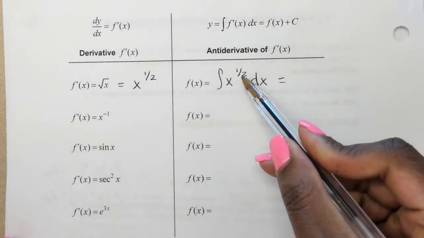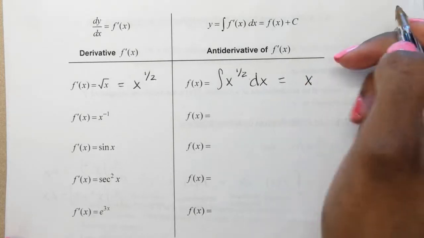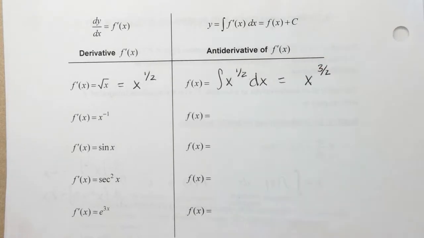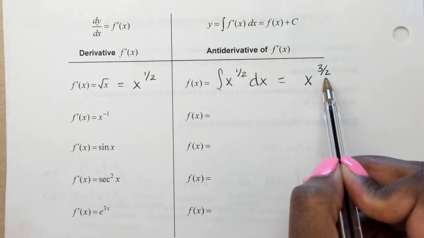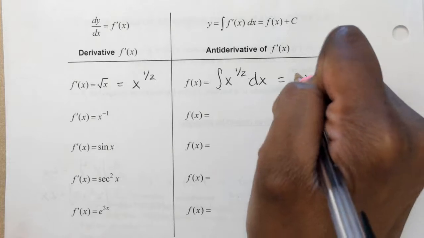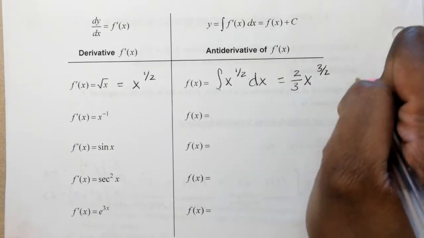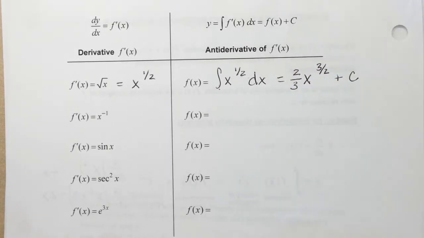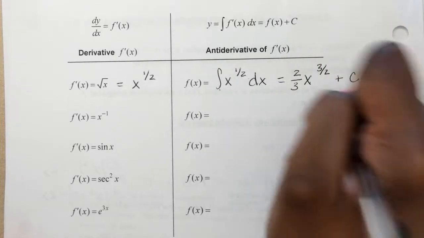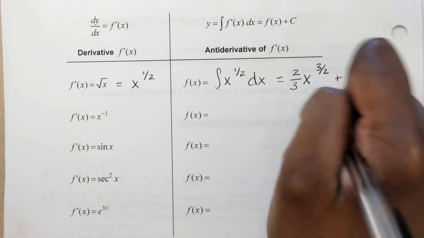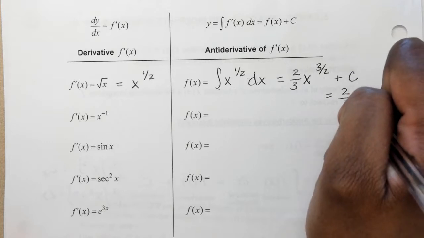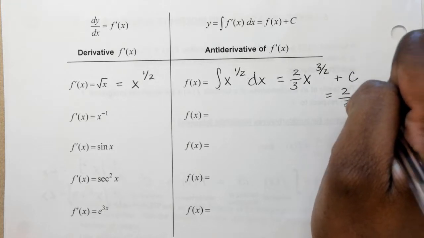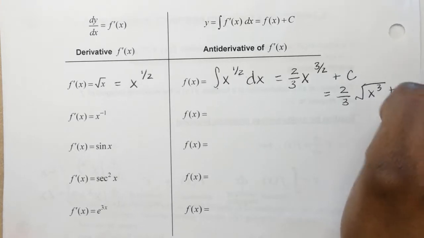So now, again, we're going to add 1 to the exponent, so we have x to the 3/2. And then we're going to divide our coefficient by our new exponent. So 1 divided by 3 over 2 is 2 over 3, plus c. And we can rewrite that, if we wanted to, as 2 over 3 square root of x cubed plus c.